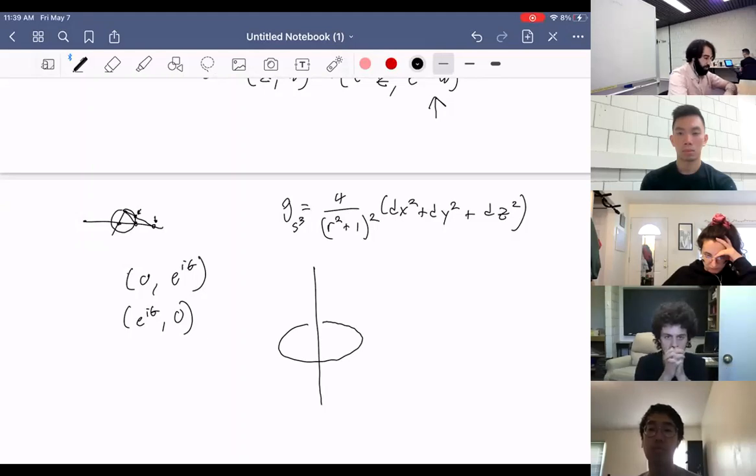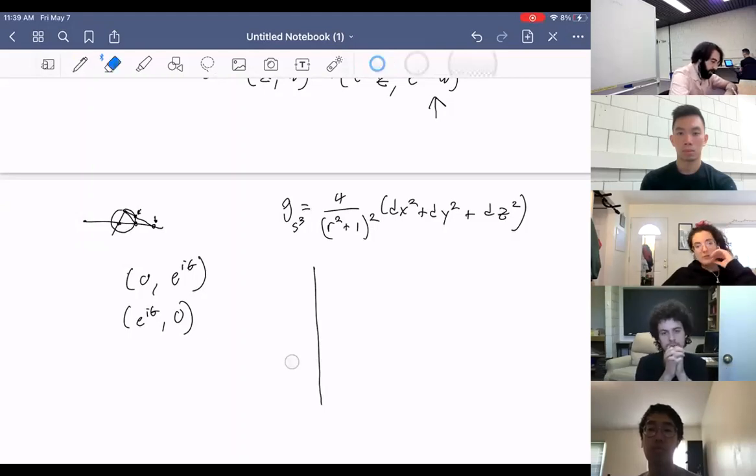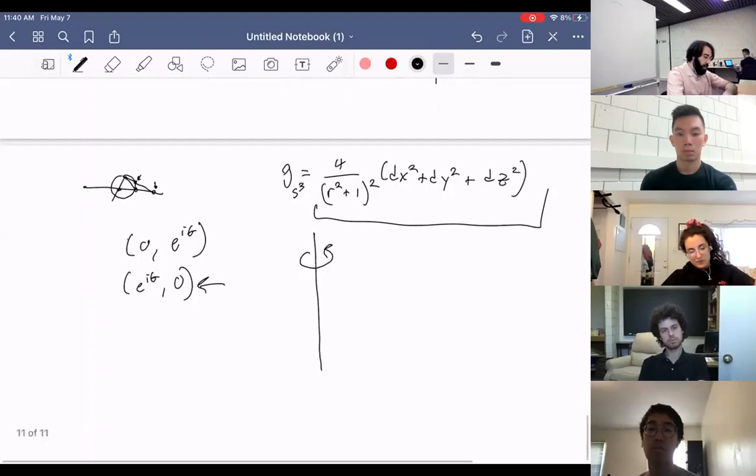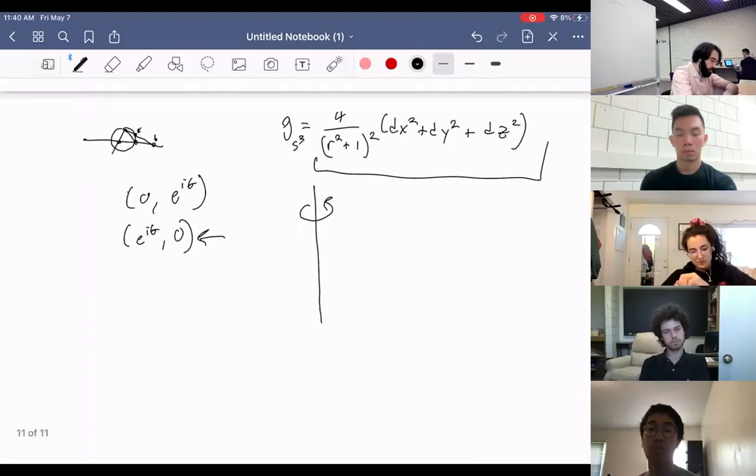Well, actually, it's a lot easier to see that this vertical line is a geodesic using this metric. We can see that there's a rotation about this vertical axis that doesn't change the metric, so it's an isometry, and the fixed point set of any isometry is a geodesic. To show that the image of the other one is a geodesic, we can apply another rotation.